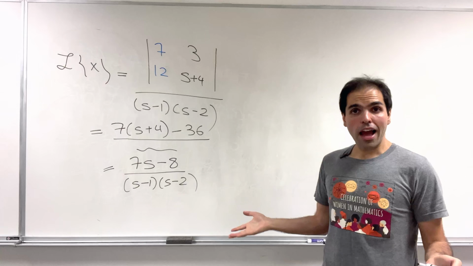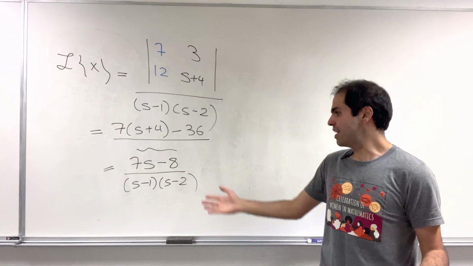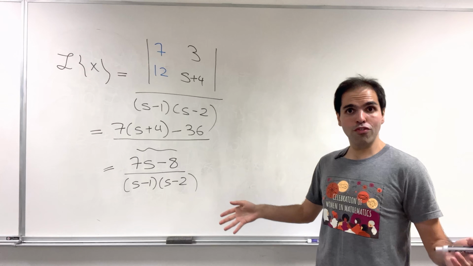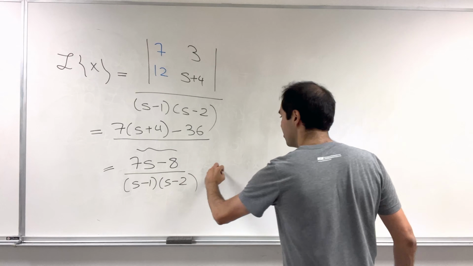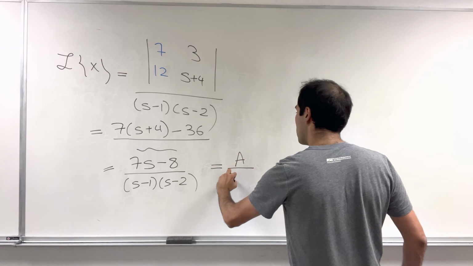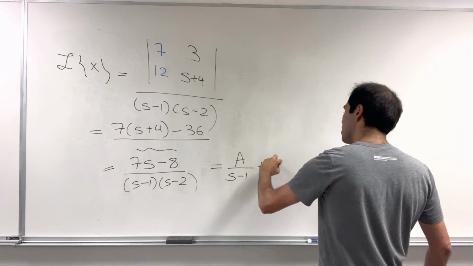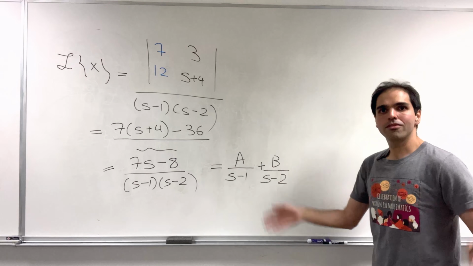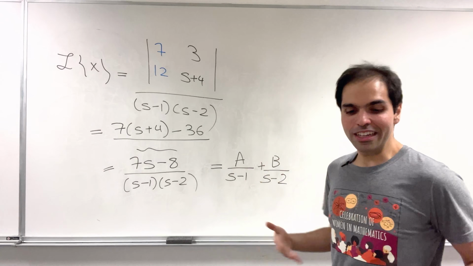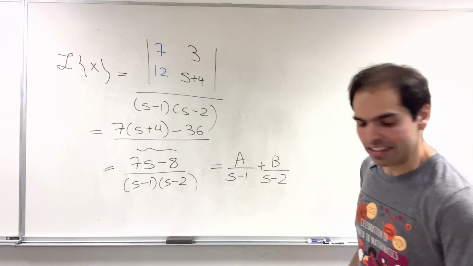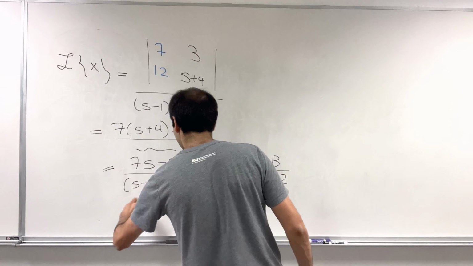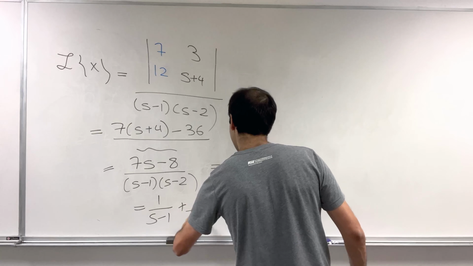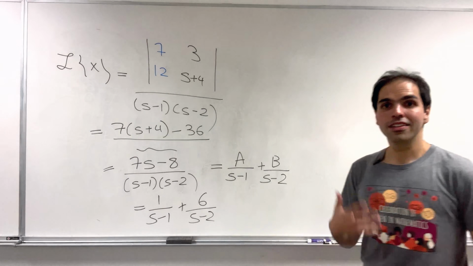And as is usual for Laplace transforms, what we would like to do is a partial fraction decomposition. So you write this as a over s minus 1 plus b over s minus 2. I will skip the algebra, but in that case, it turns out you get 1 over s minus 1 plus 6 over s minus 2.